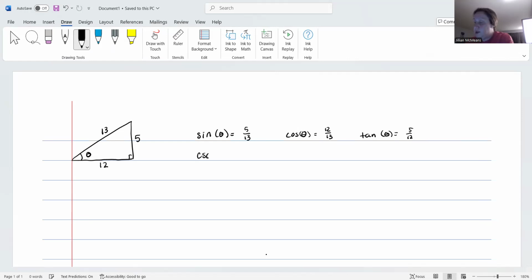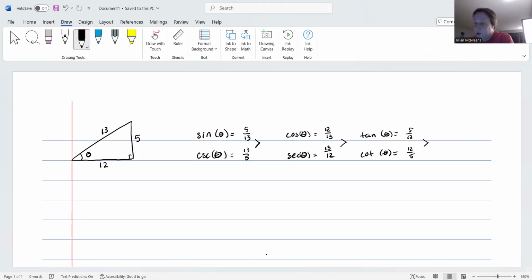Now, for cosecant, the relationship is hypotenuse over opposite, so 13 over 5. These are reciprocals. Secant is hypotenuse over adjacent, so 13 over 12. And cotan is adjacent over opposite, so 12 over 5. Reciprocals, reciprocals, reciprocals. So let's prove this is true.